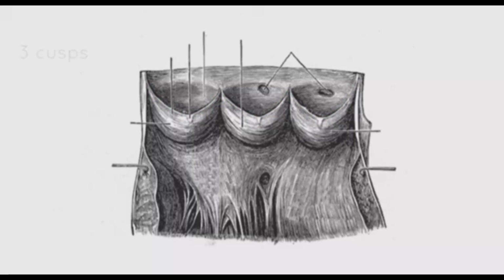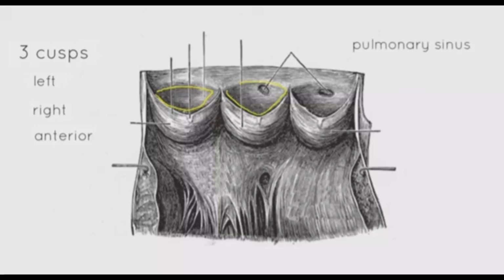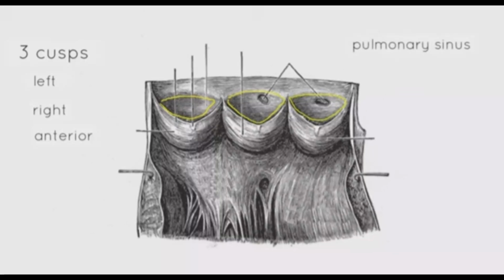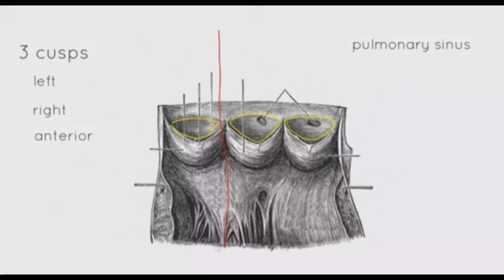You've got three cusps, a left, a right and an anterior cusp. And then you've got these pockets formed by the cusp. These pockets here are called the pulmonary sinus. When the ventricle contracts, you get blood shooting out through the valves, but during relaxation, blood returns and it fills these sinuses, and it ends up causing the pulmonary valve to close and prevent backflow of blood into the right ventricular outflow tract and ultimately back into the right ventricle.